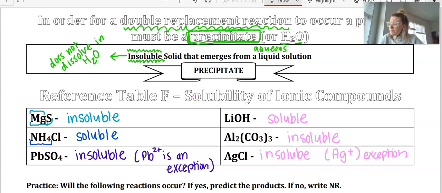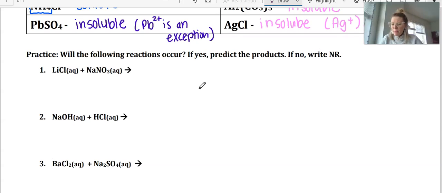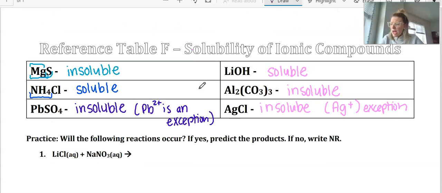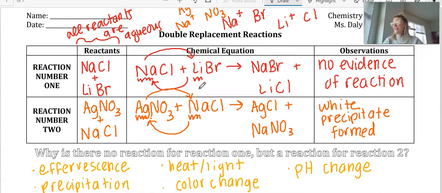Cool. So before I jump down and do these practice problems really quick, I'm probably going to just do 1 or 2 of them with you. I do want to scroll really quickly back up to this top reaction and quickly talk about why we saw no reaction then. So for this first reaction, Na is a group 1 ion and lithium is also a group 1 ion.